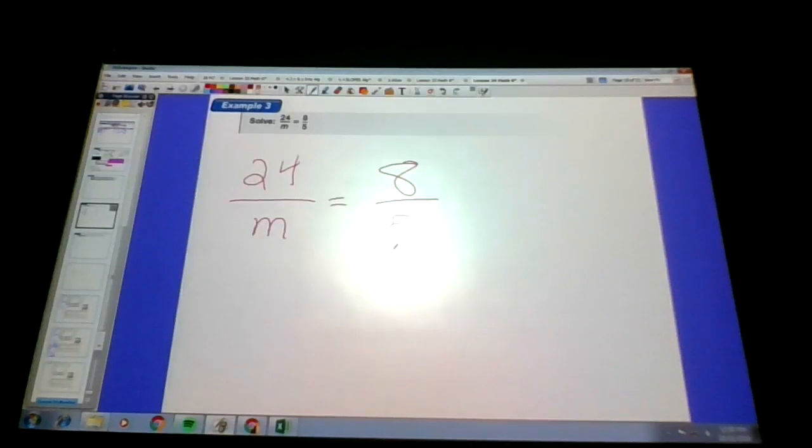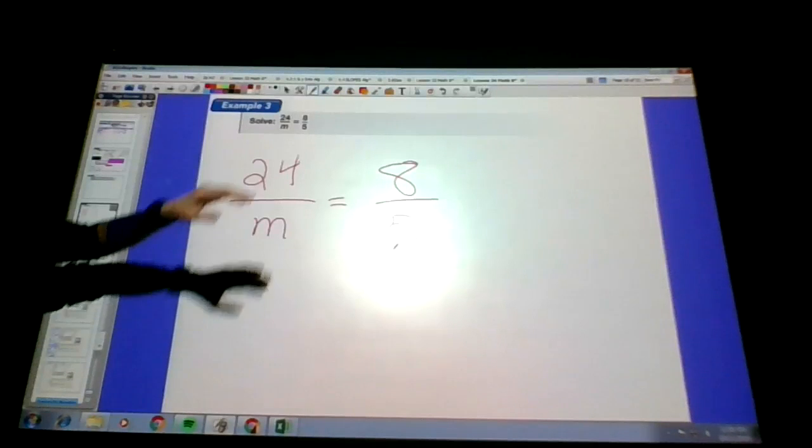Reverse setup. Can someone check? What's 24?